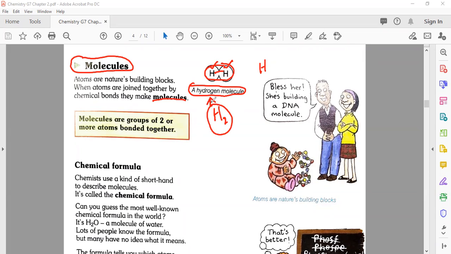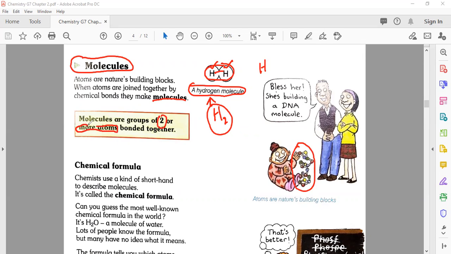Understand? So you can see here, she is building a DNA molecule like this. You know very well, this is a DNA molecule in which different atoms or molecules join together and form the structure of a DNA molecule. Molecules are a group of two or more atoms.